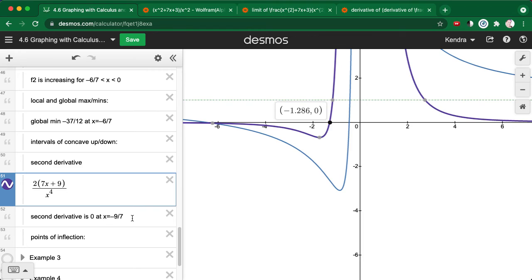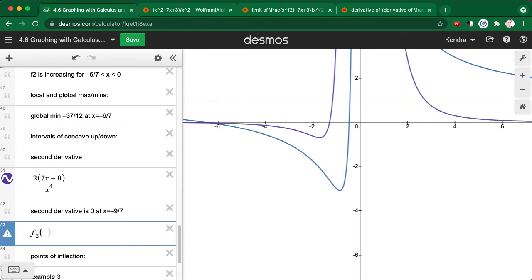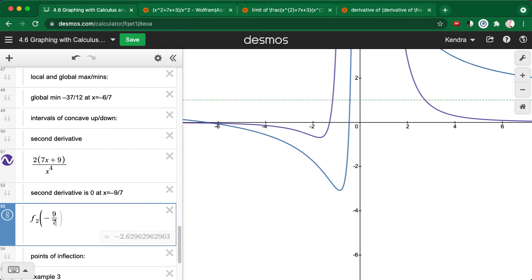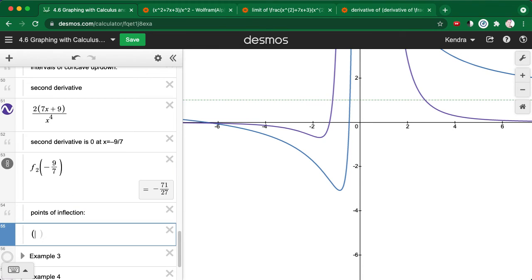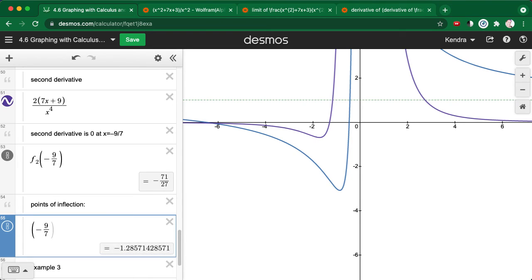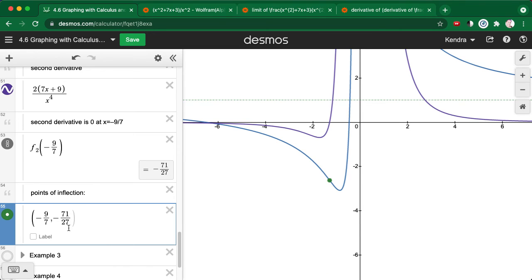So let's take a look at what f2 of negative 9/7 is. I'm going to allow Desmos to give me a fraction for that. And it looks like negative 9/7 and negative 71/27 is the point of inflection.